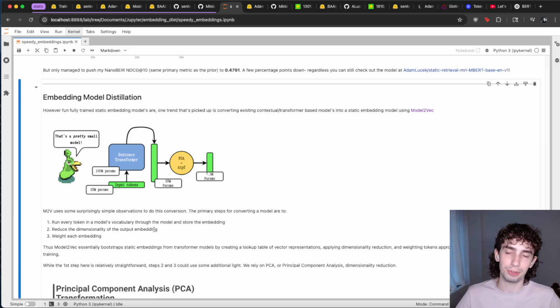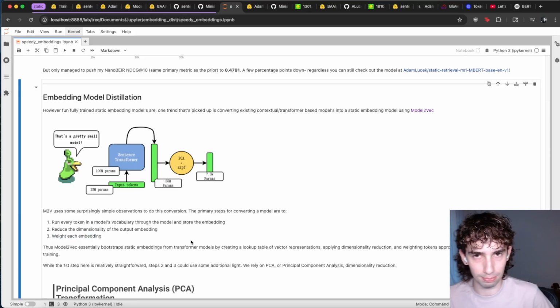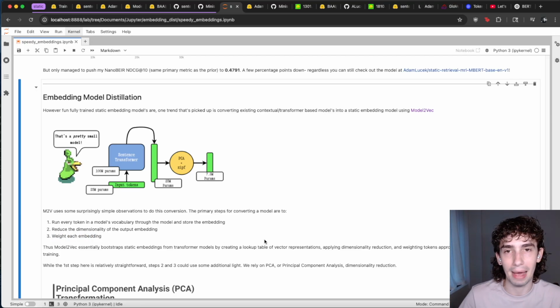The high-level overview of how this works is that essentially we're going to take an existing transformer-based embedding model, run every single token in the model's vocabulary through the model, and then store those embeddings alongside the vocabulary. We then go through an optional dimensionality reduction step, so we can take whatever number of dimensions our original output is and truncate that into a smaller one, and then also weight each embedding based on some power rules.